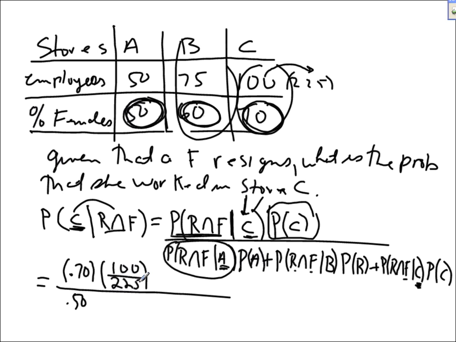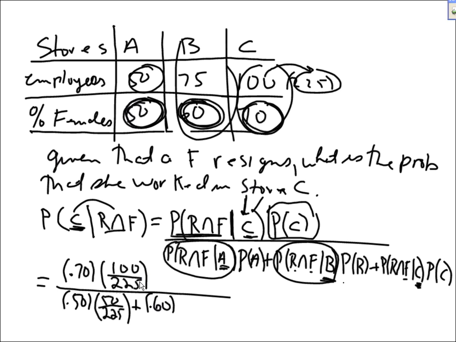In the bottom, the probability that you're a resigning female, given that you came from store A, is 50%. The probability you came from store A is 50 over 225. Plus, given that you're in store B, the probability that you are a resigning female is 60%.